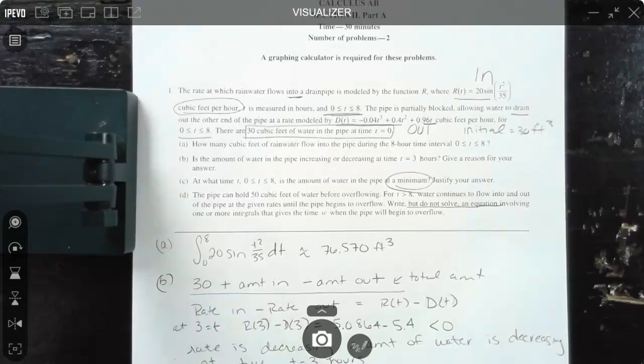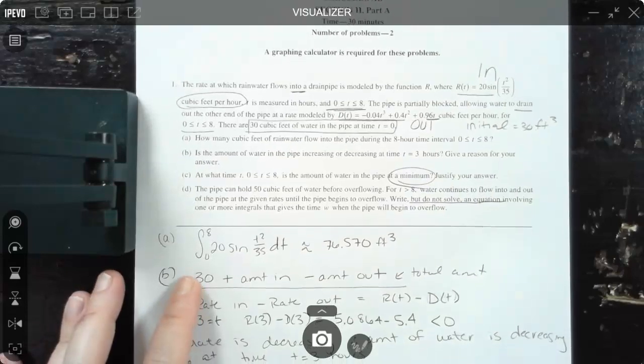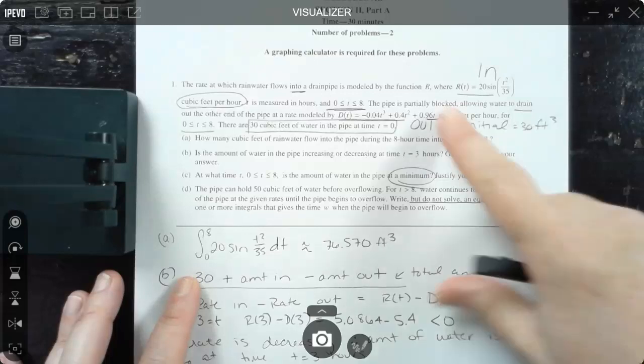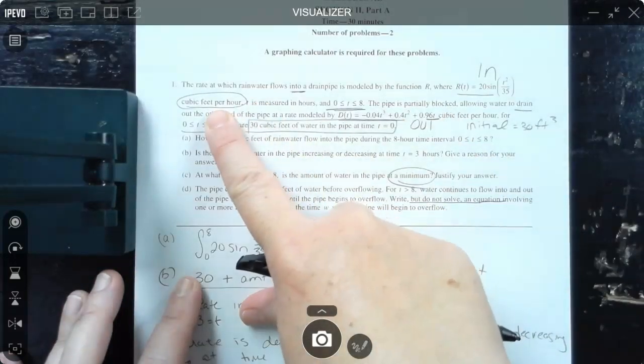In R? That's your rate, remember. Not the amount. No, because if you plugged 8 in, that's saying how fast it's coming in at hour 8. Because if you look, it tells you in cubic feet per hour.